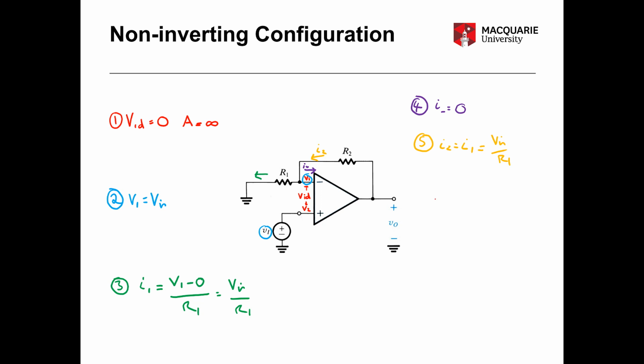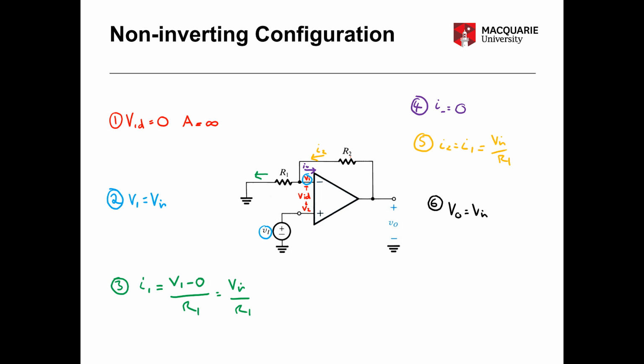So for the final step, step 6, we simply calculate our output voltage. That is the voltage on the left side of the resistor there, which is V1, and we've already shown that that is equal to Vin. And we're going to add to that the voltage dropped across the resistor R2, whereas before in the inverting configuration we would have subtracted that, but because the current in this case is flowing from right to left, it will add.